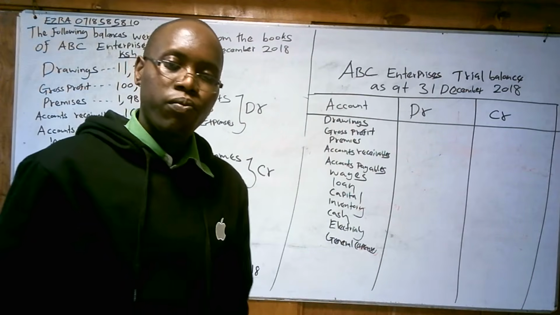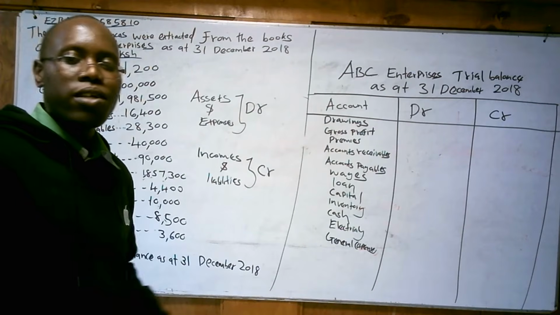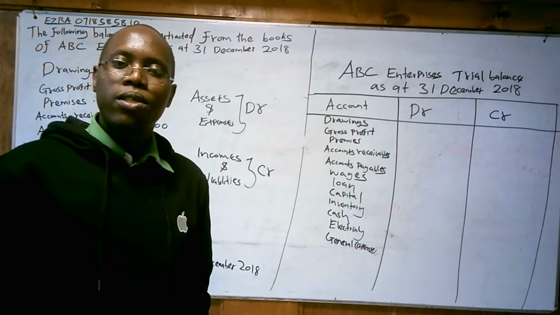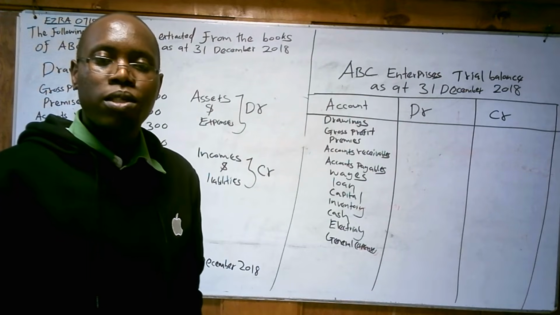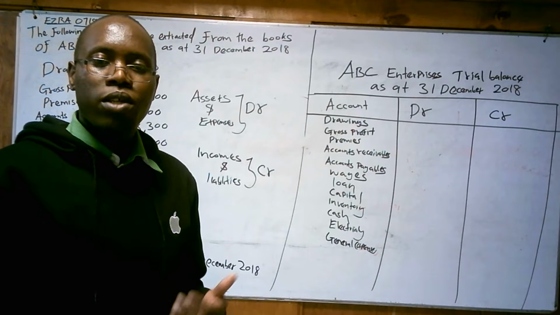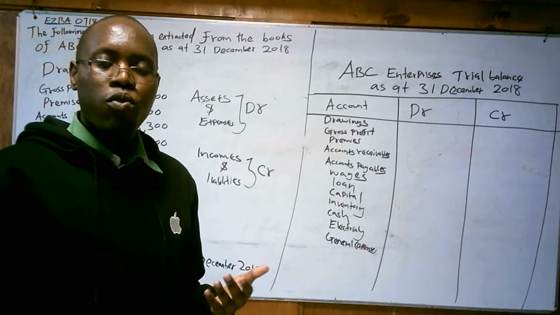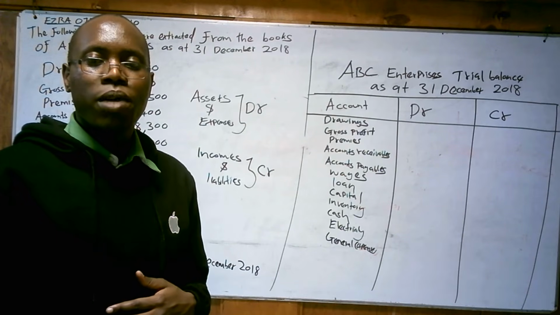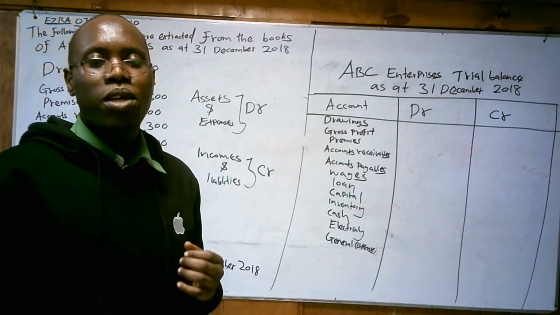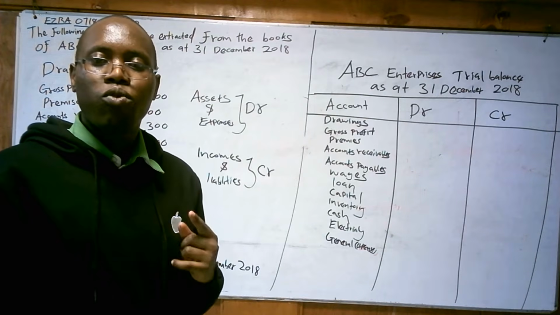So for example, we are going to kickstart with the drawings there. Drawings are actually expenses. Whenever you make drawings from the business for personal use, you take some money from the business to maybe pay the school fees for your child, that's going to be an expense. And remember, assets and expenses are going to be debited.